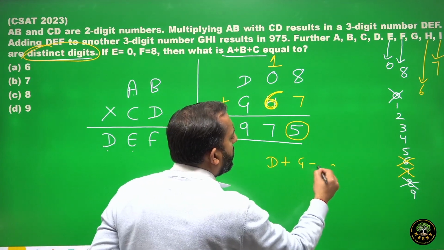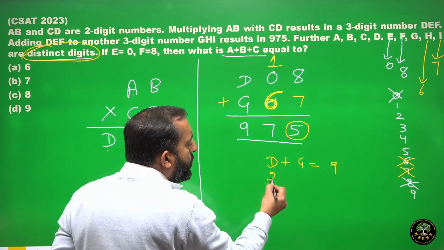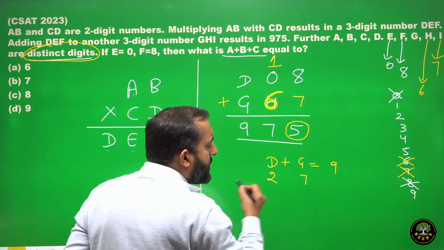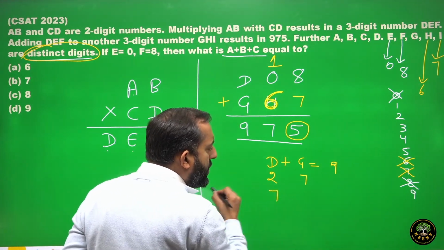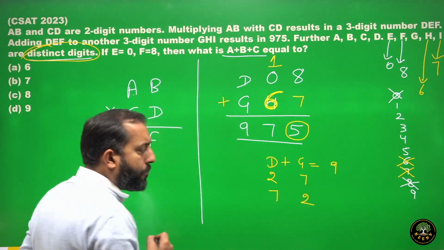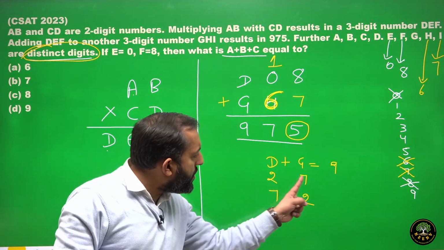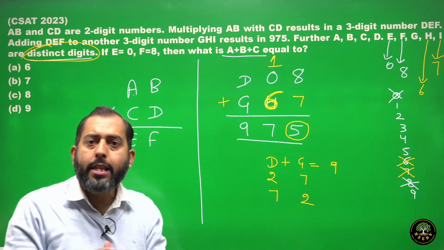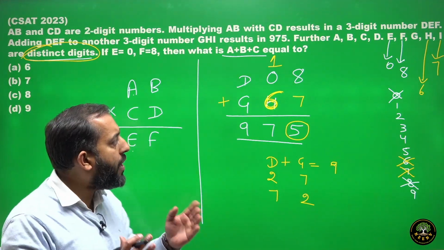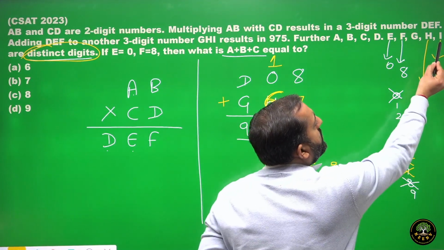Now further, if you assume D to be 2 and G to be 7, or D to be 7 and G to be 2, again 2 plus 7 is 9, but this combination should be discarded because 7 has been assigned to I already.